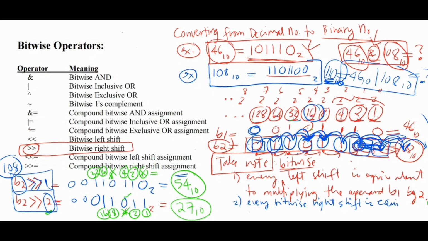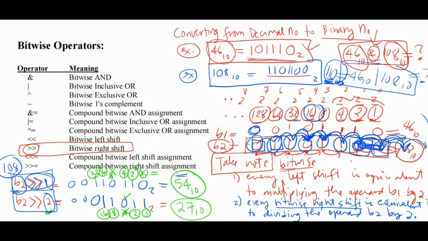is equivalent to dividing the operand B2 by 2. So 1 bitwise right shift is equal to dividing the operand by 2. This is only one right shift, so only once you divide the operand B2 by 2.